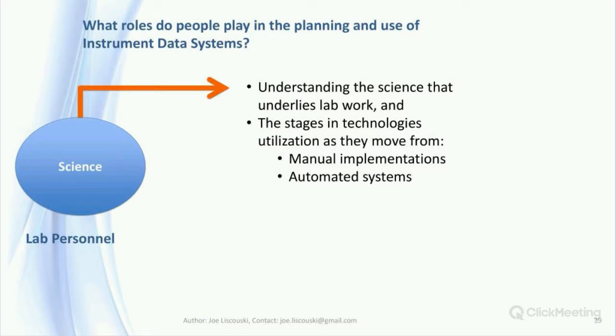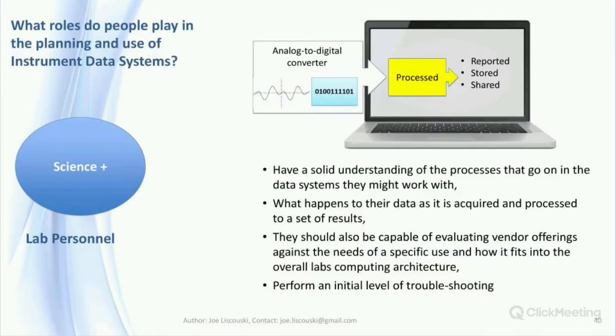Lab personnel, first and foremost, need an understanding of the science that underlies the lab's work and the stages in technology utilization as they move from manual implementations to automated systems. When it comes to instrument data systems, lab personnel should have a solid understanding of the processes that go on in the data systems that they work with, what happens to their data as it's acquired, processed, down to a series of results.